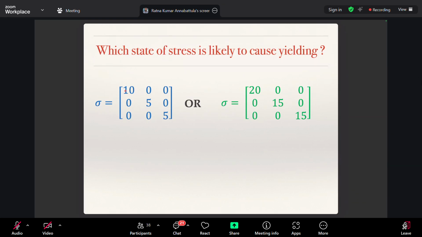When I say equivalent stress, I mean square root of sigma 1 square plus sigma 2 square plus sigma 3 square minus sigma 1 sigma 2 minus sigma 2 sigma 3 minus sigma 3 sigma 1. That quantity I want you to compute, for this state of stress and the second state of stress, because in yesterday's class we have stopped here.